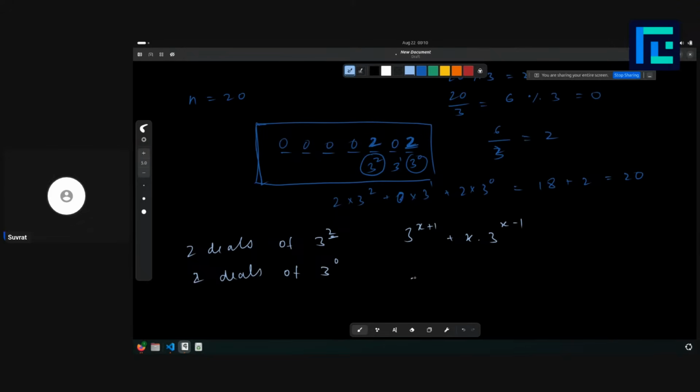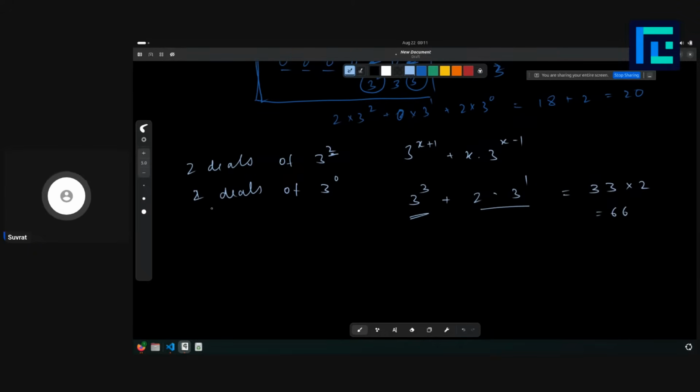So 3 to the power 3 plus 2 into 3 to the power 1, which is 27 plus 6, 33, and into 2, since we are doing 2 deals, so 66 is the cost of this. And 2 deals of 3 to the power 0: let's put x equal to 0. So 3 to the power 1 plus 0 equals 3, and 2 deals of this would give us 6. 66 plus 6 is equal to 72, which would be our answer.